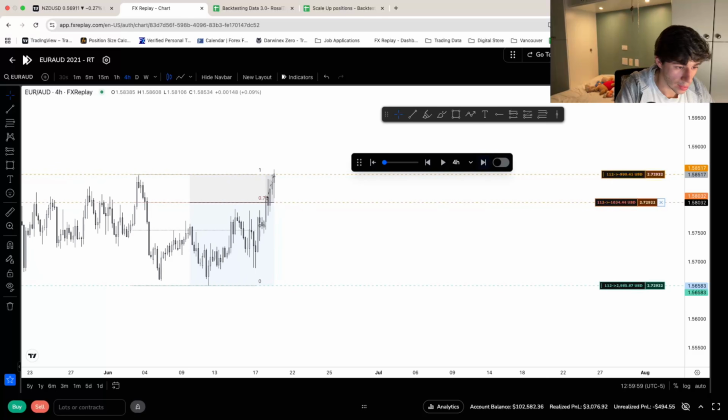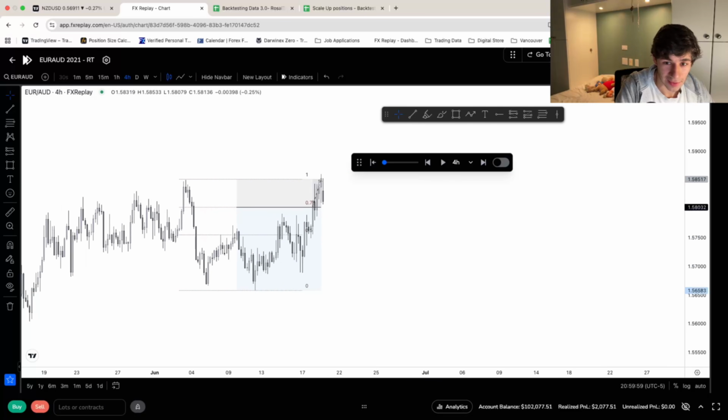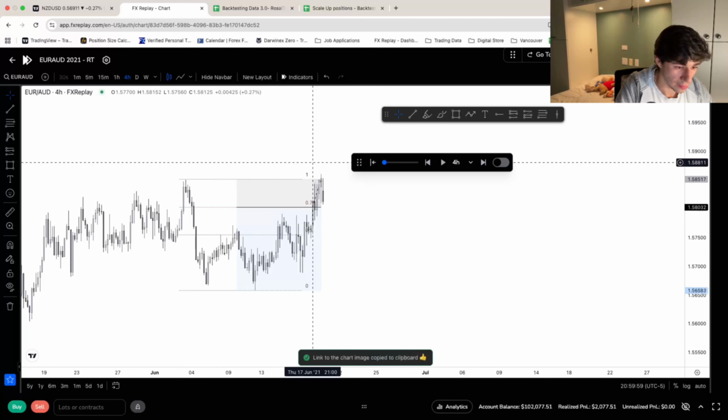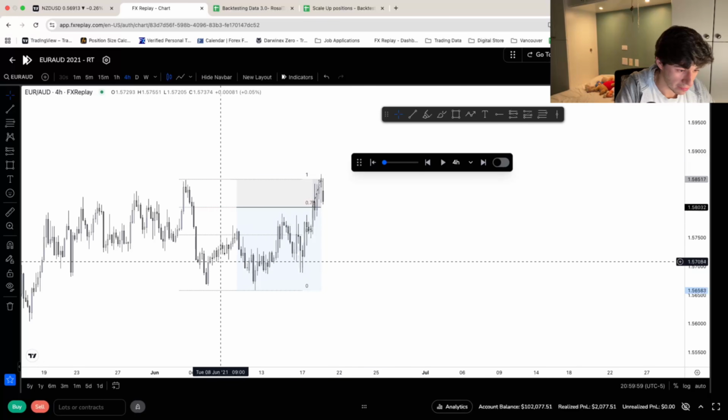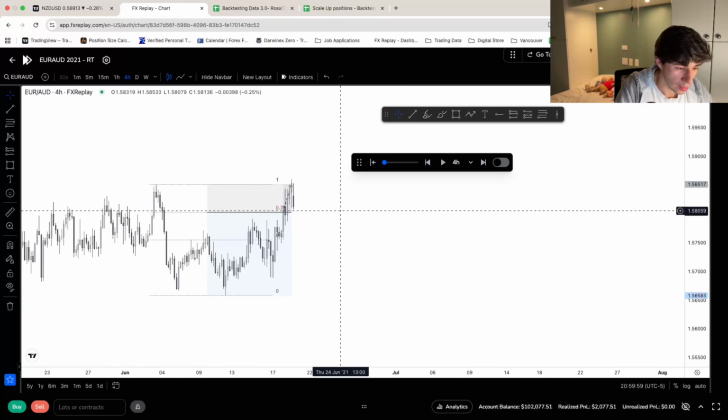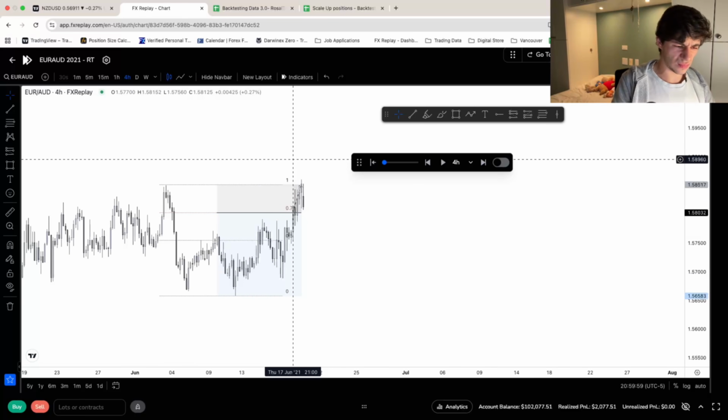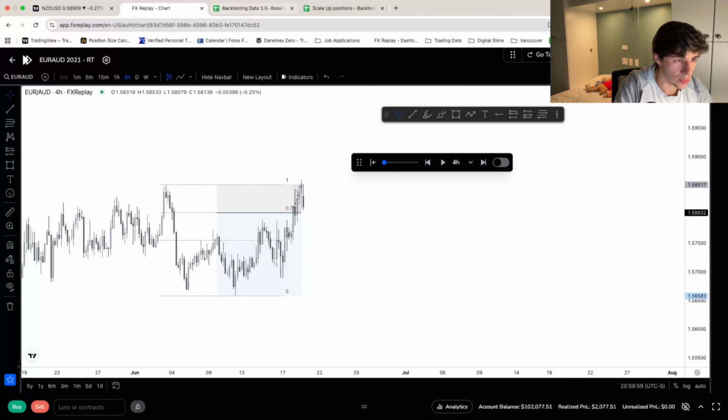We're tagged and we're stopped out. So here, a horrible pair. There was not even a long position in there. June 17, 2021.